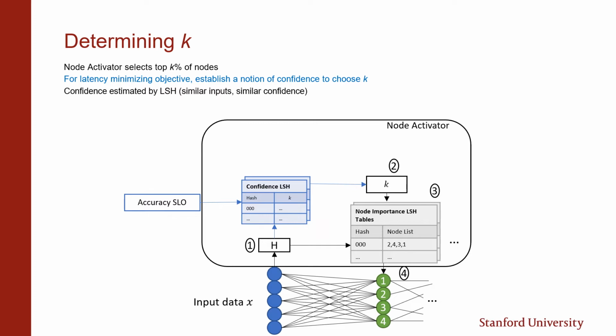Finally, we use the selected K and the node importance list to determine which nodes to activate within the layer.